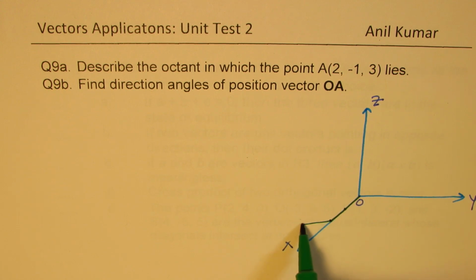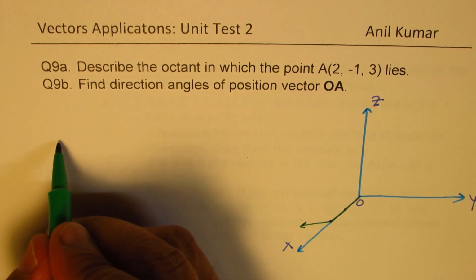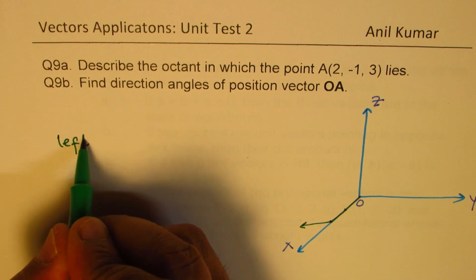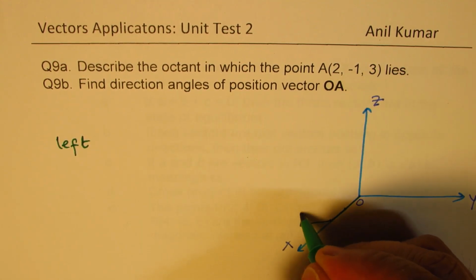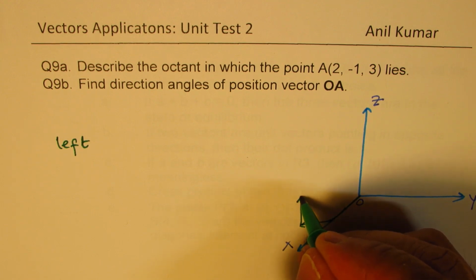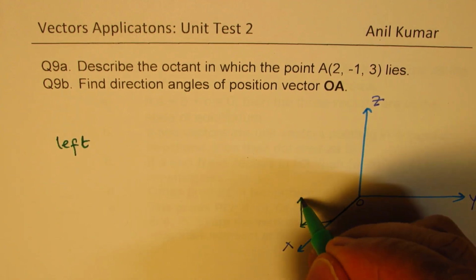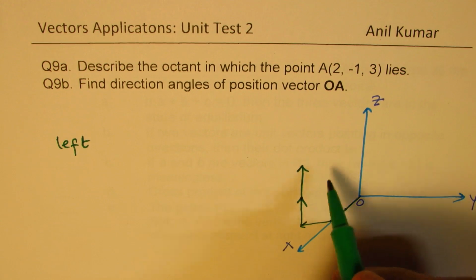So you've come to the left side, and then you've gone up 3 units, right? It is not to scale, so let's say this is 3 units, okay.